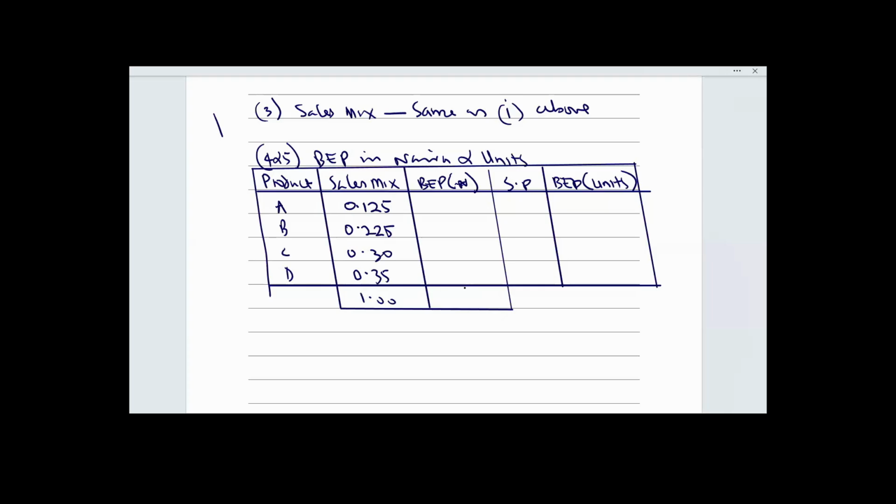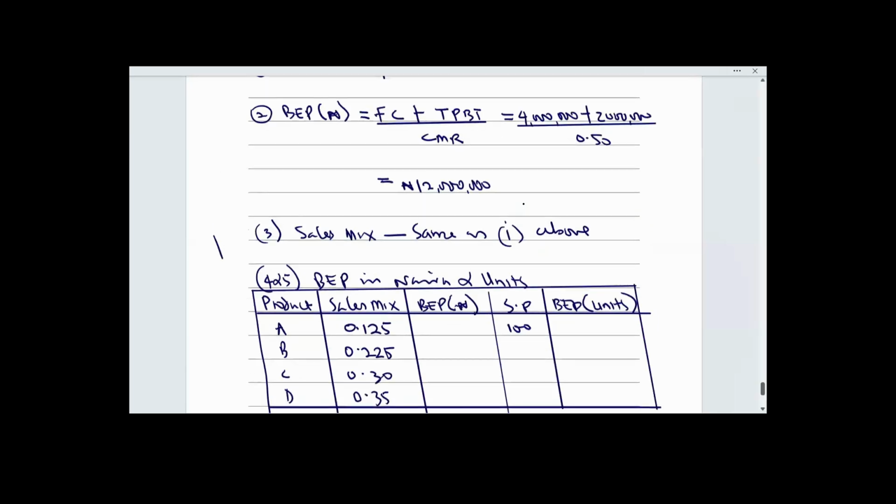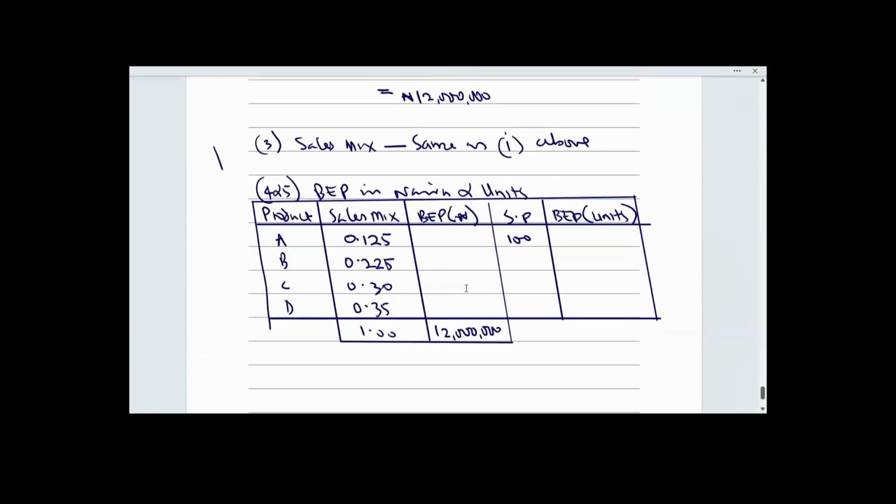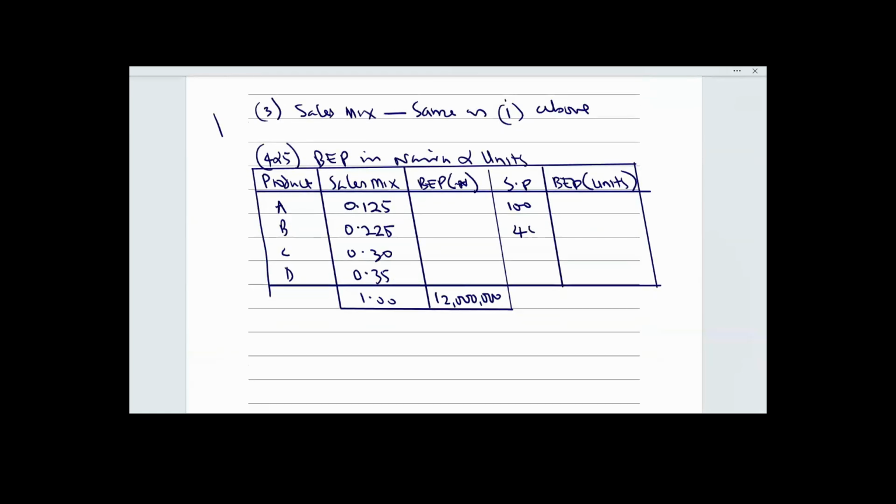We want to distribute 12 million. Selling price is 100 Naira, 450, 300, then 200.